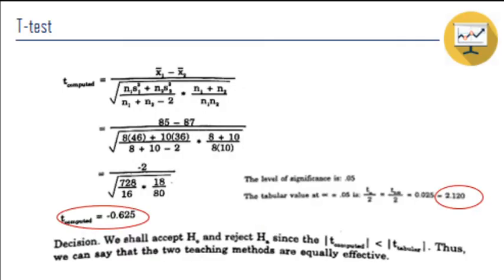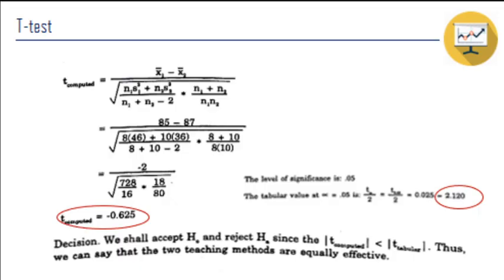Now, we can apply the formula, yung na-present kanina, that is 85 minus 87 divided all over the square root of 8 times 46 plus 10 times 36 all over 8 plus 10 minus 2, times or plus 8 plus 10 all over 8 times 10.